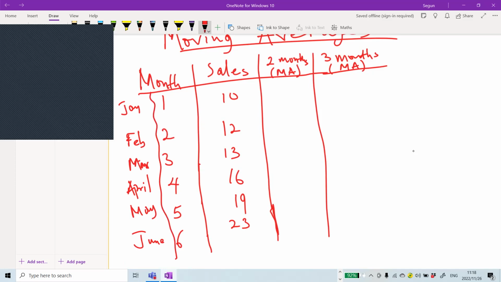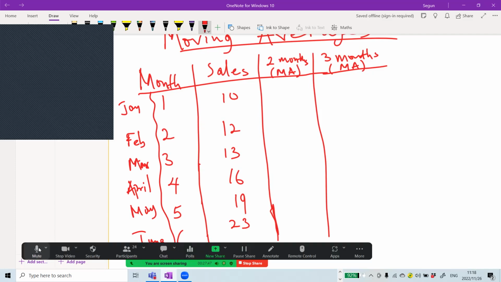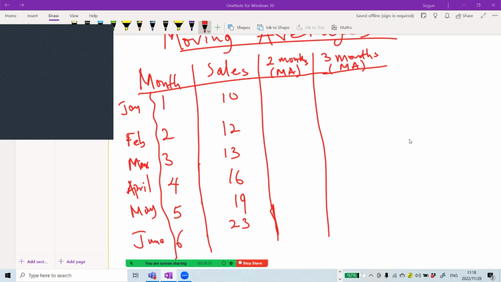So you can have this, and we can have all those units like this.